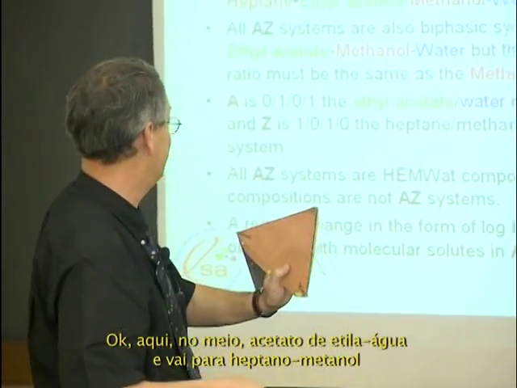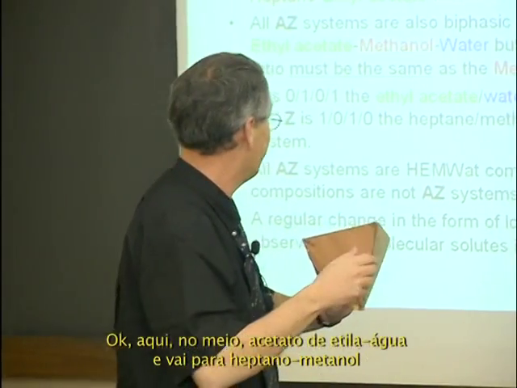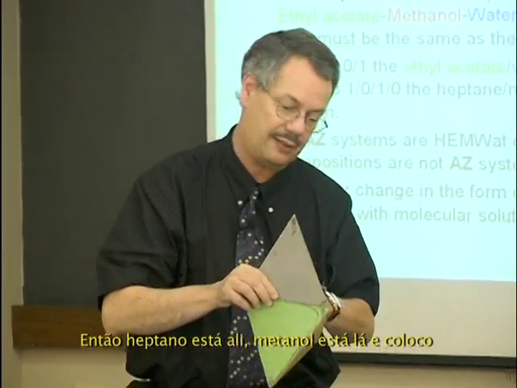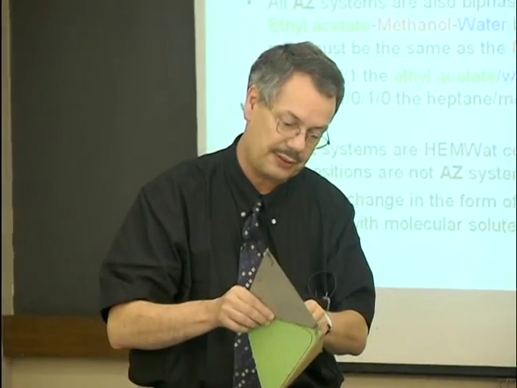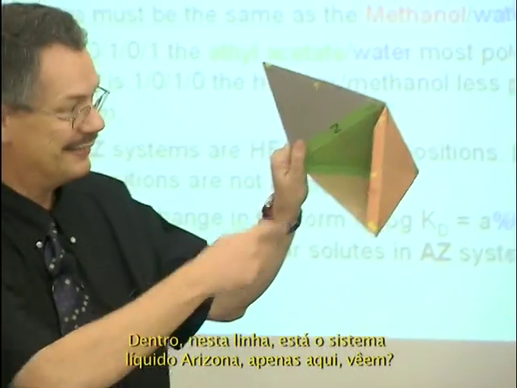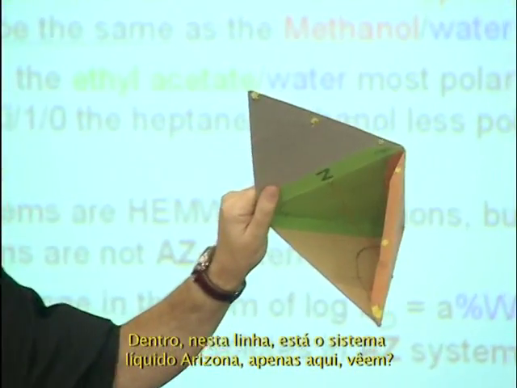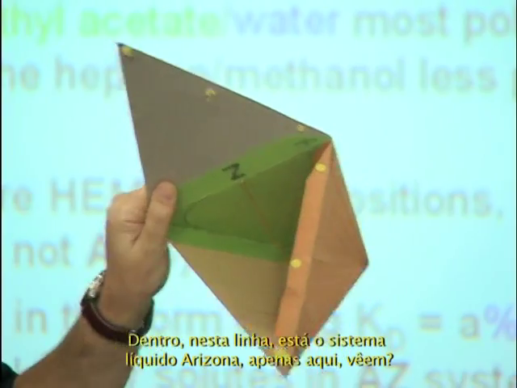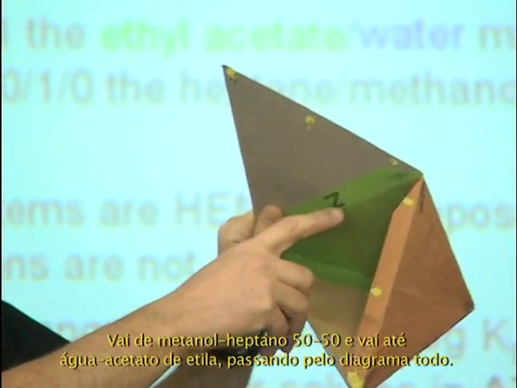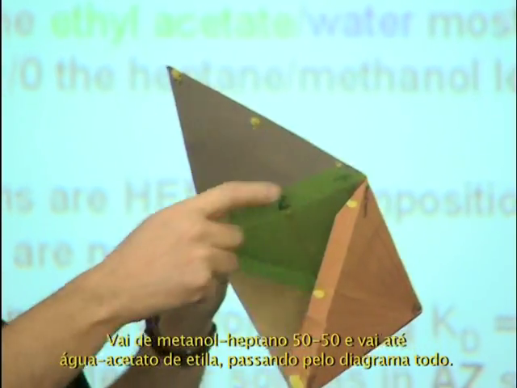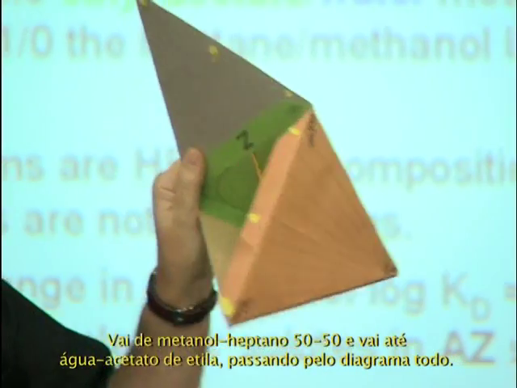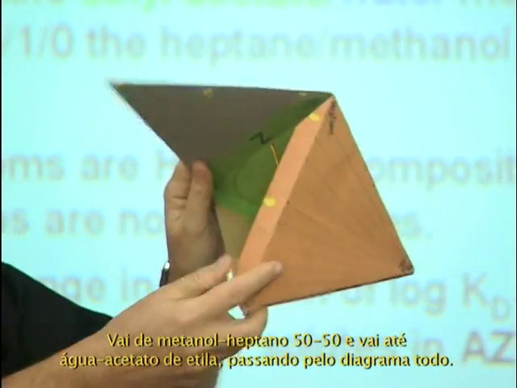And it goes to heptane, methanol. So heptane is there and methanol is there. Inside this line, that's the Arizona liquid system. Only this. So you see, it goes from heptane methanol 50-50 to water ethyl acetate, going through the whole diagram.